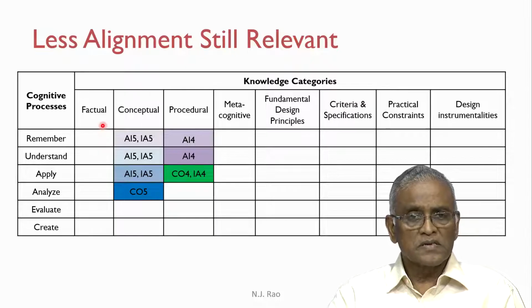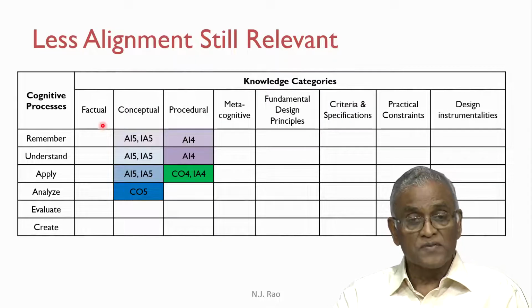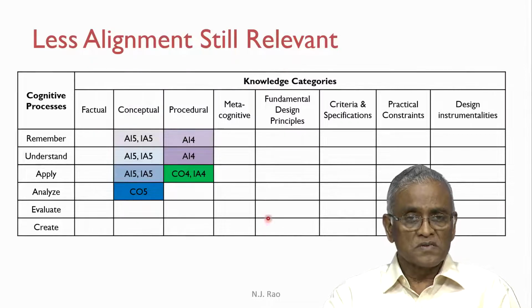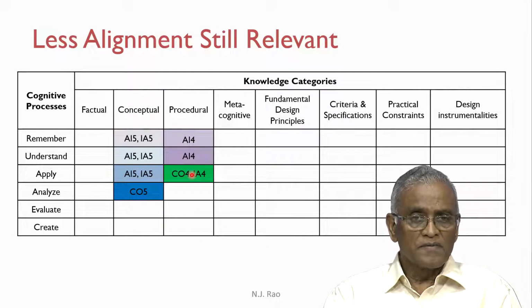Now let us look at other things that happen as of now. The issue is this: if I have my CO4 and instructional activities are also here, but I have AI4 here and some AI4 is also here. So what does it mean?